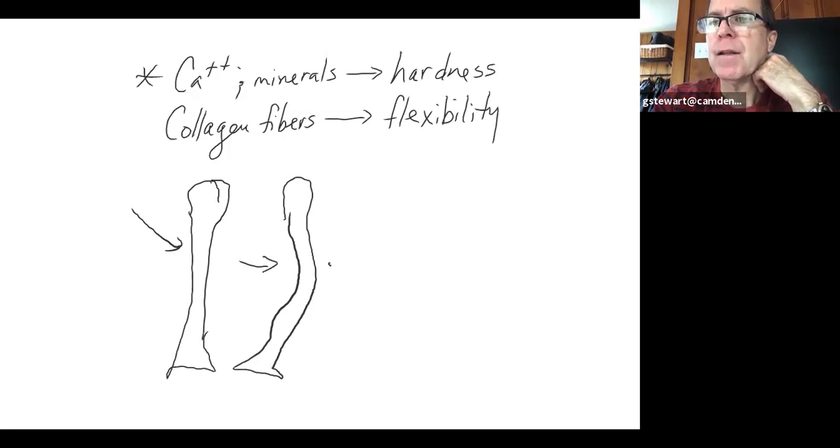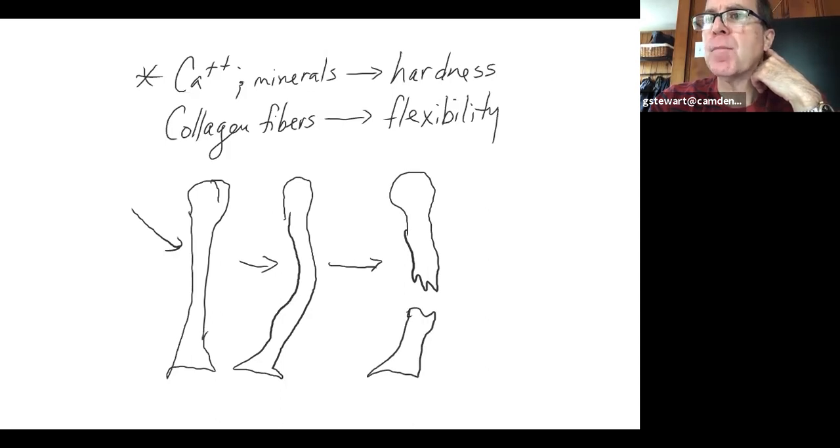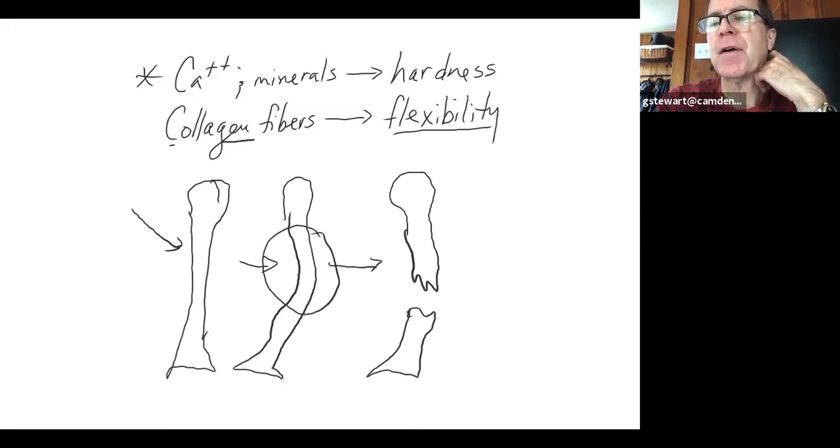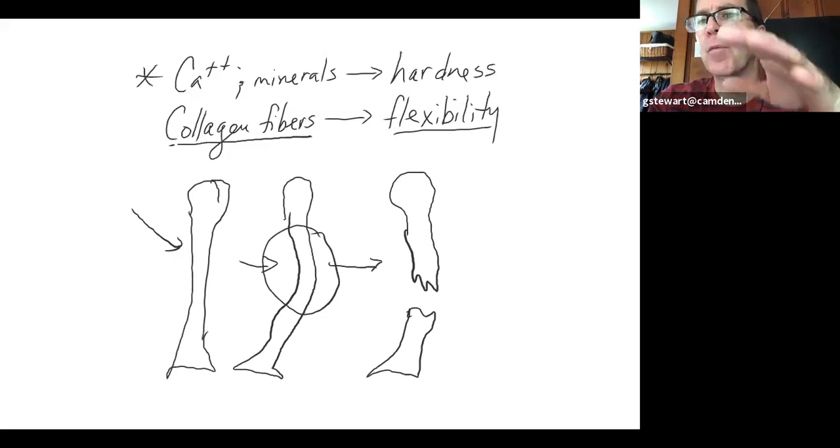But if the trauma is too much, you know that it breaks. But we do have some flexibility in our bones. And what gives bone flexibility are these collagen fibers that allow the bone to be somewhat flexible.